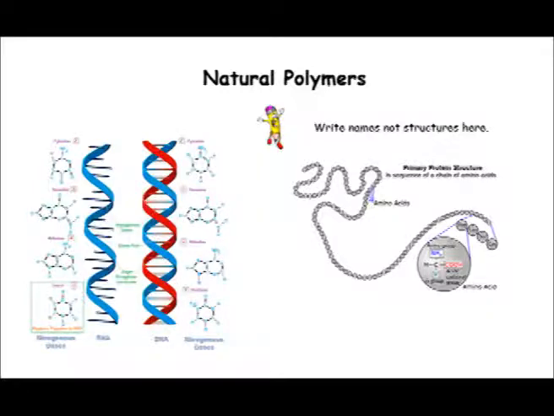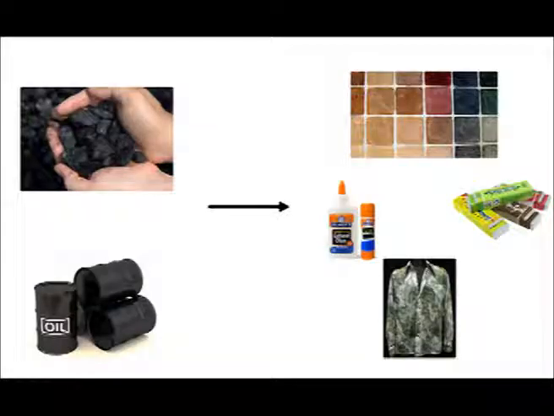A lot of synthetic polymers come from oil and coal, and that ends up being turned into different compounds, which end up becoming things like carpet, chewing gum, polyester clothing, even school glue.